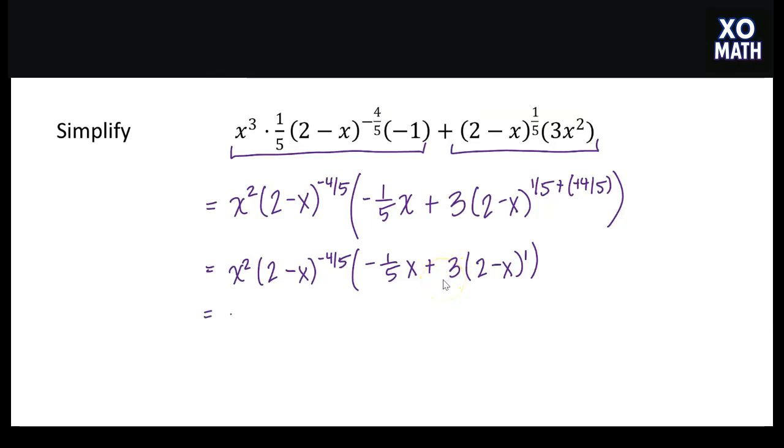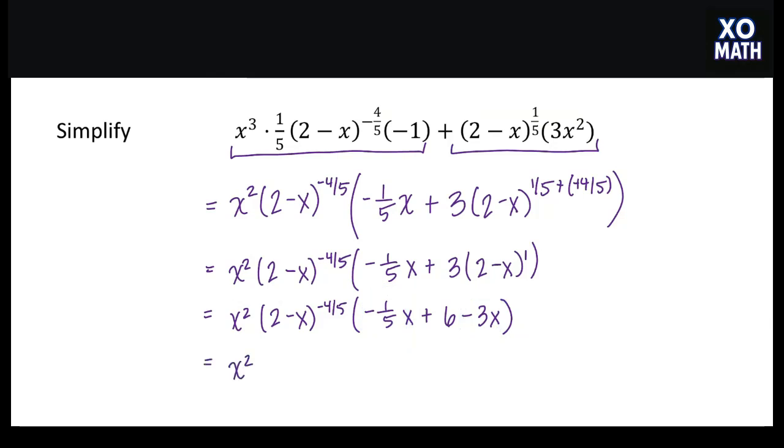so I'm going to have x squared times the quantity 2 minus x to the negative 4/5 times the quantity negative 1/5 x plus 6 minus 3x. And in this factor now, I have some like terms. So I have negative 1/5 x minus 3x, so I can add those coefficients.